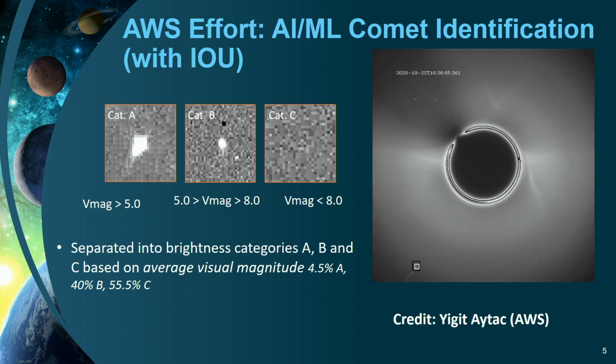This movie was created as a result of my work with Amazon Web Services, and it shows how they built an intersection over union model that traces bright comets in SOHO data. This experience working with Amazon Web Services was very interesting because they're really experts in the area of AI/ML, and it was interesting to see how far they can go.